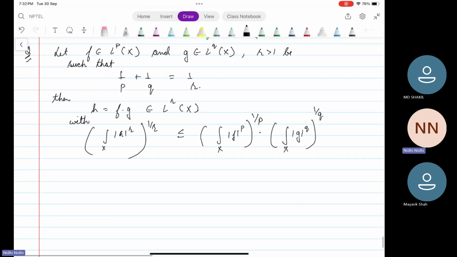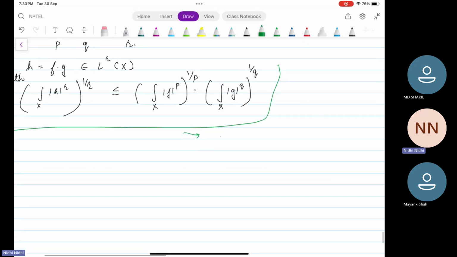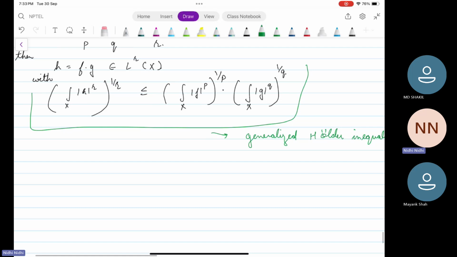Instead of h you could have written f times g. This inequality is called the generalized Hölder inequality. This is also a very good result.